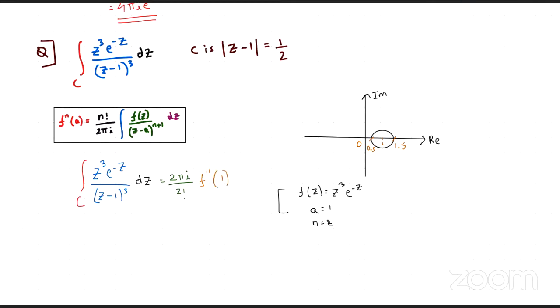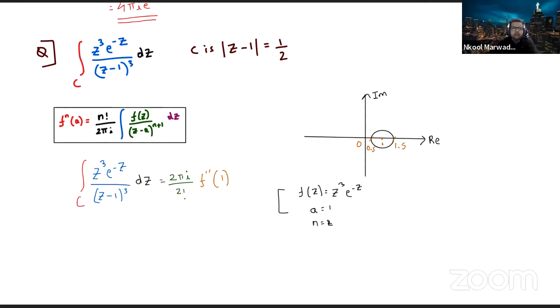I am not able to understand how you are applying the double derivative. See, in this formula, we are using this f of n at a.